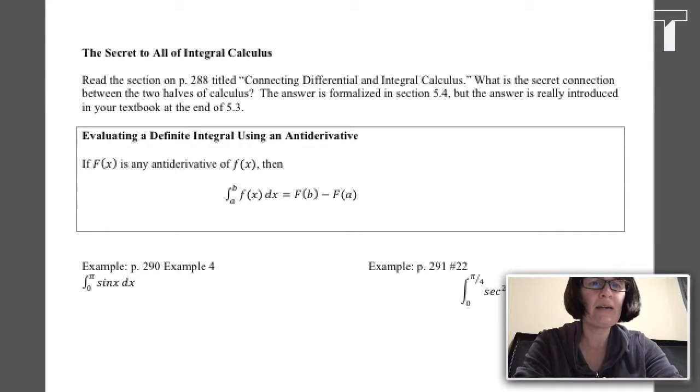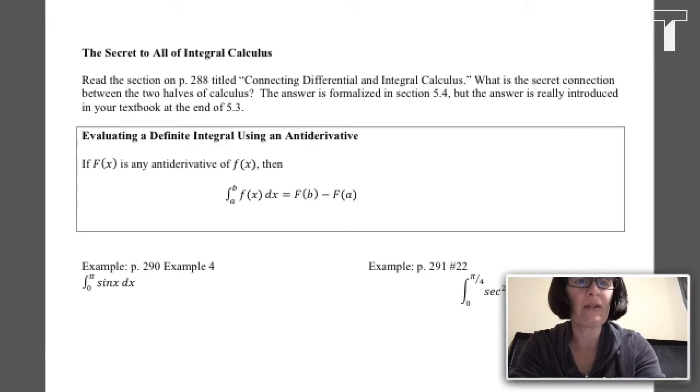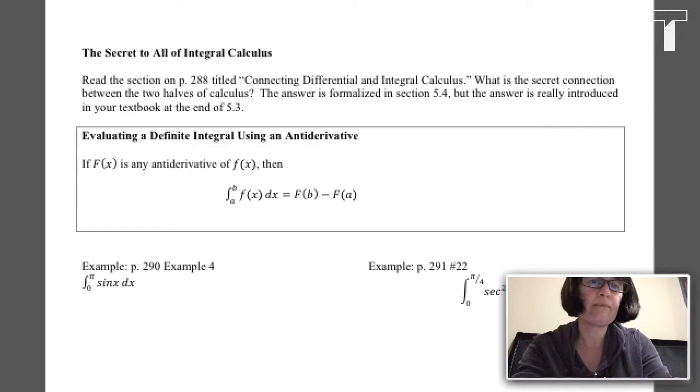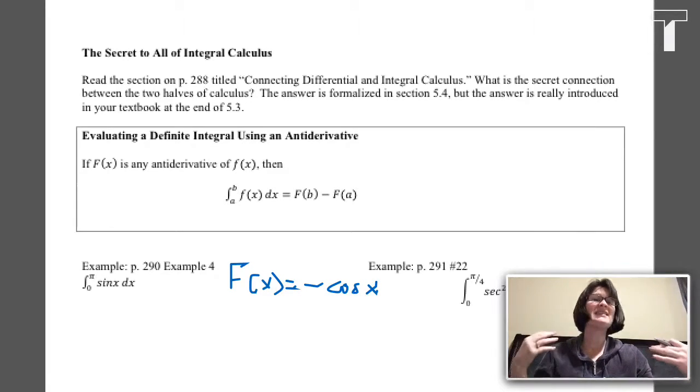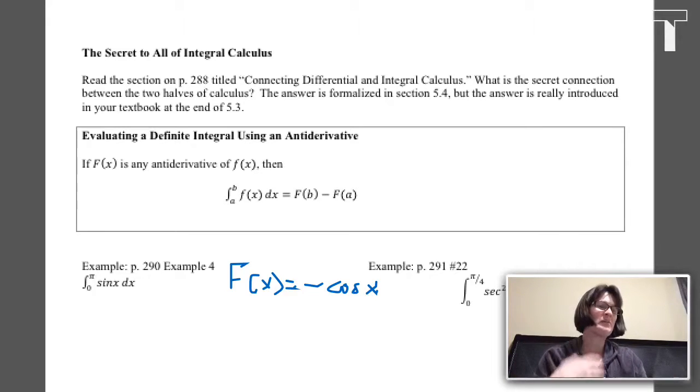Here, my antiderivative, I'm going to call it capital F of x. Capital F of x is negative cosine of x. It could be negative cosine of x plus 7, negative cosine of x minus 3, but I can use any antiderivative. I may as well just use the easy one.